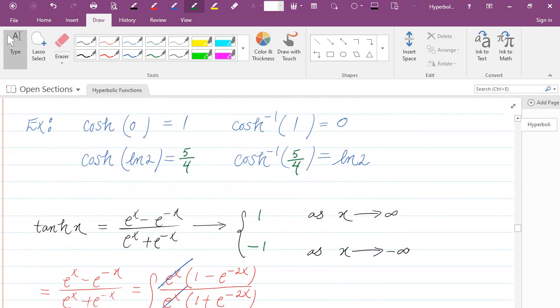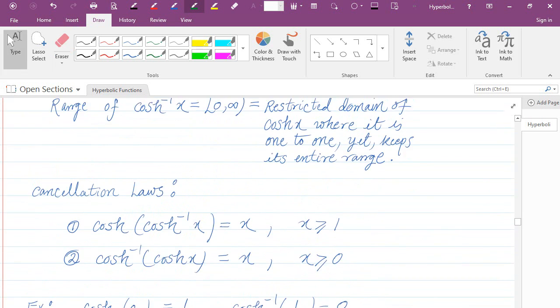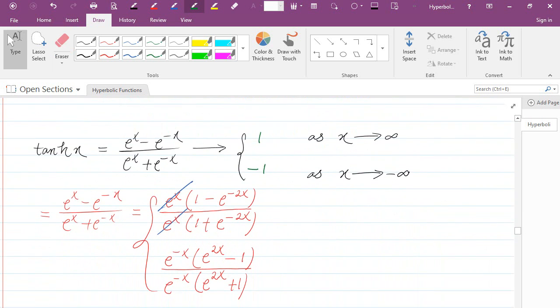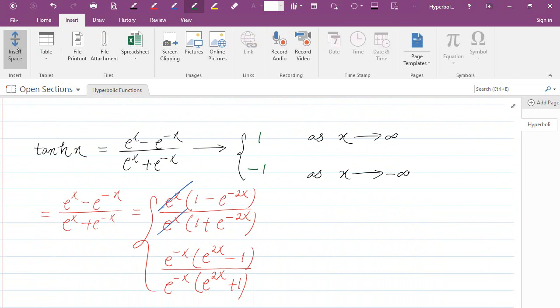Hyperbolic cosine of 0 is 1, and as a result the hyperbolic cosine inverse of 1 is 0. And one can easily calculate what that is. Let me make some room here to see why that's the case.